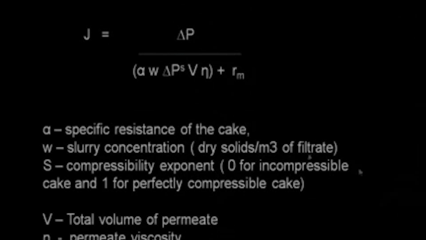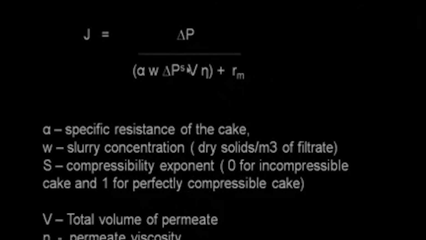So it is 0 for incompressible. When you substitute 0, delta P raised to the power 0 becomes 1. So compressibility will have no effect on the flux, whereas if the cake is compressible, then you put S as 1, and your driving force gets decreased, because if the cake is compressible, what will happen? If you put too much driving force or too much pressure, the cake will get compressed and the flow rate gets decreased.